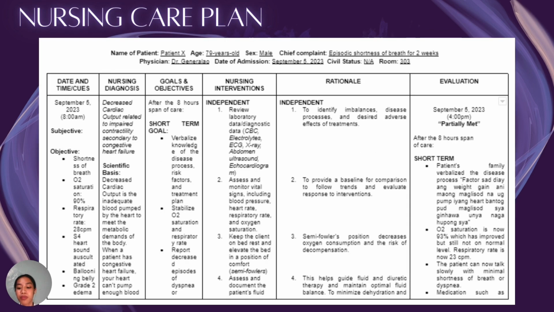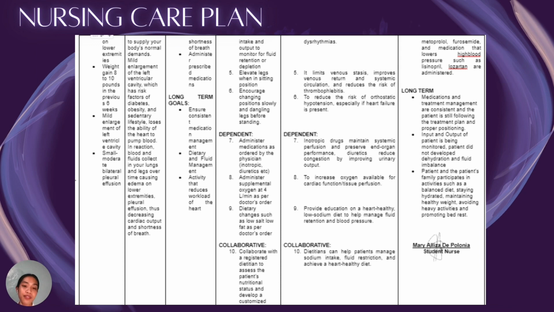We need to remember that when the patient is taking any diuretic medication, it is expected that the patient will urinate a lot, since diuretic medications remove water from the body. So we have to assess that so that we could prevent dehydration and dysrhythmias.